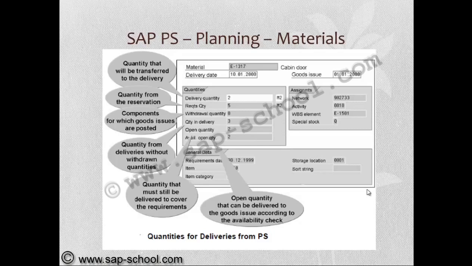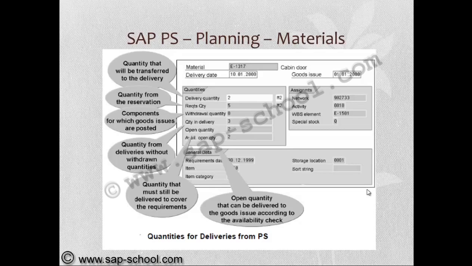Withdrawal quantity is how many goods are issued. Open quantity is the quantity without the withdrawn quantity, and the quantity that must still be delivered to cover the requirements. Available open quantity is the open quantity that can be delivered to the goods issue according to the availability check.